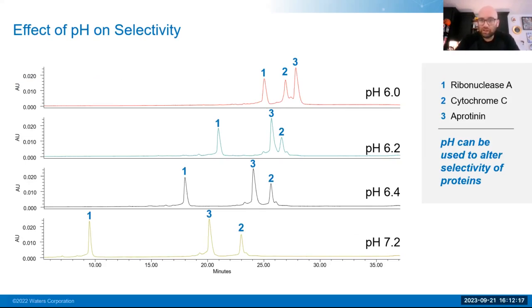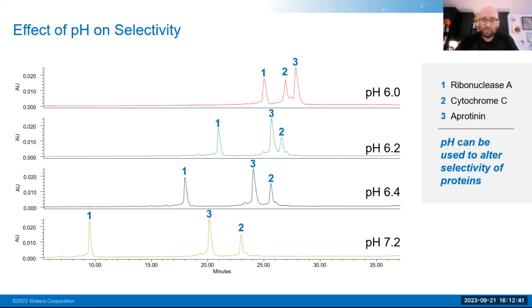So you see, obviously, as pH changes, and we showed earlier on the high level view of how pH shifts charge based off of the PI of the protein, you'll see that shifting throughout different pHs, you're going to be changing the surface charge that's available for the separations. And you'll see moving in this specific example through ribonuclease A, cytochrome C, and A protein.